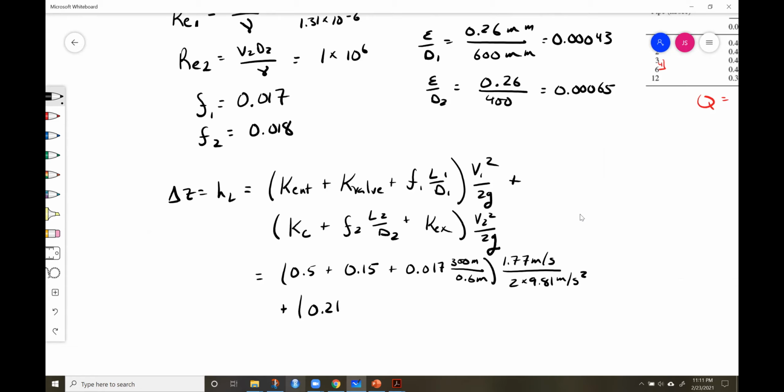We determined that the sudden contraction coefficient was about 0.21. And then our exit coefficient was 1, times velocity, 3.98.